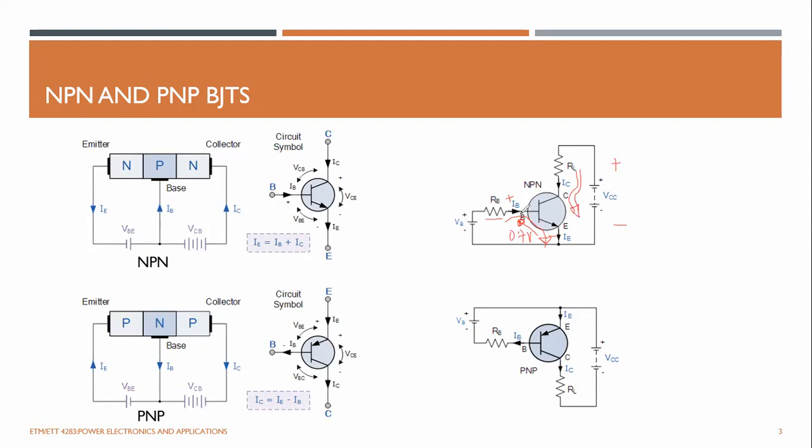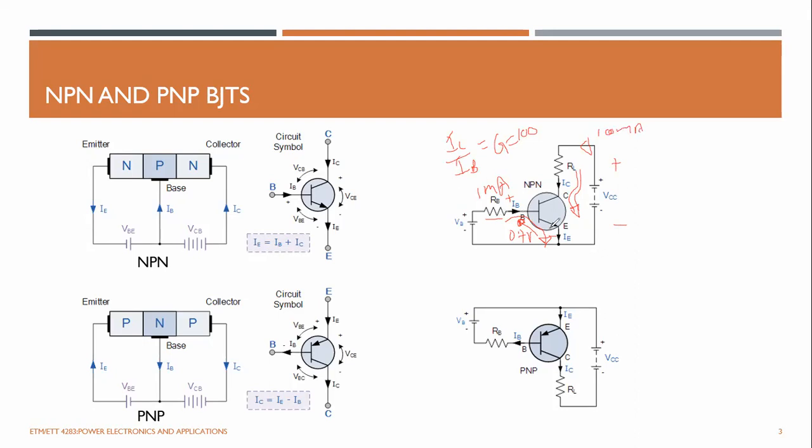For example, if you feed 1 milliamp, and the transistor has a DC gain of 100, where gain is simply IC divided by IB, you can take 100 milliamps output current from here.